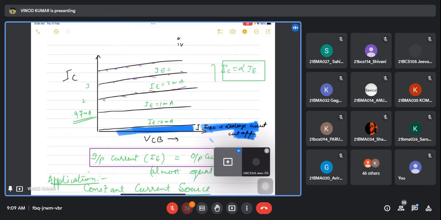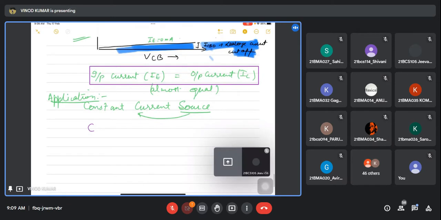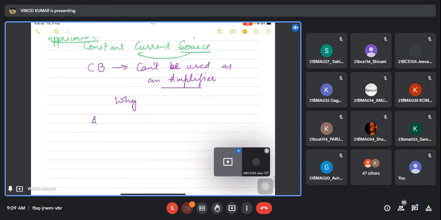So common base configuration can't be used as an amplifier. Why? Because in amplifier, for any amplifier, the most important thing is its gain actually.